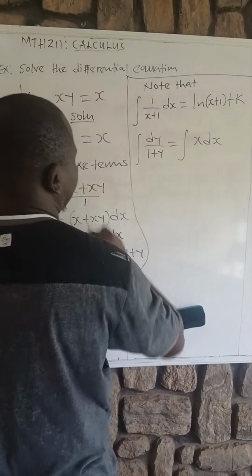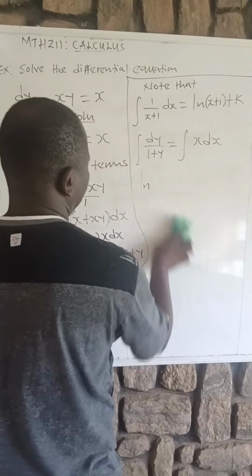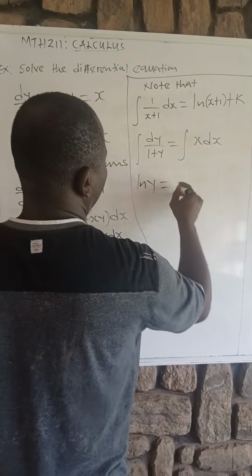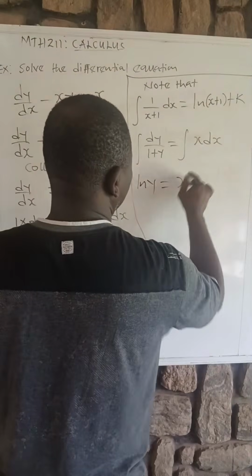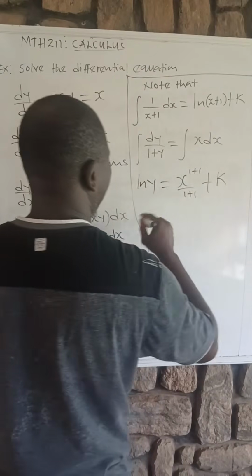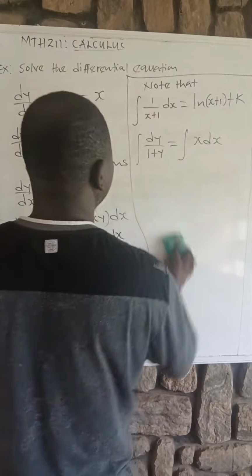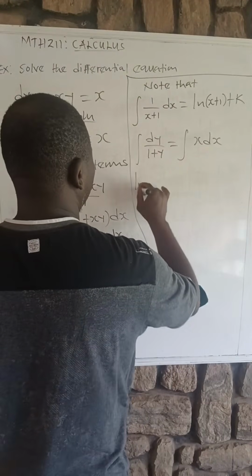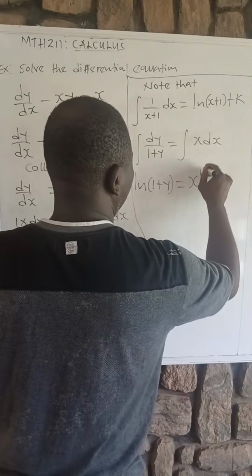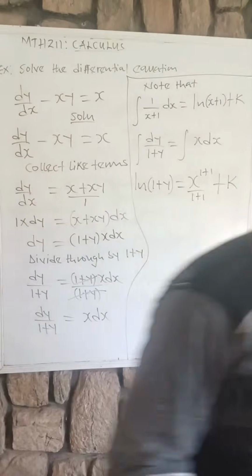So if we integrate this side, we'll have ln of open bracket 1 plus y equals x raised to the power 1 plus 1 over 1 plus 1, plus k. True or false? Look at the board.